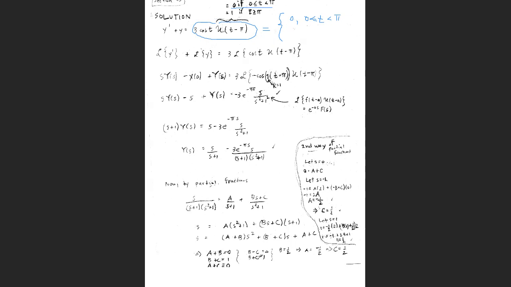And it'll equal 3 times the cosine of t when t is greater than or equal to pi, because the unit step function equals 1 when t is greater than or equal to pi. So writing that piecewise function on the right side, I can express it as this function here. And that's nice because now I can take the Laplace transform of both sides.